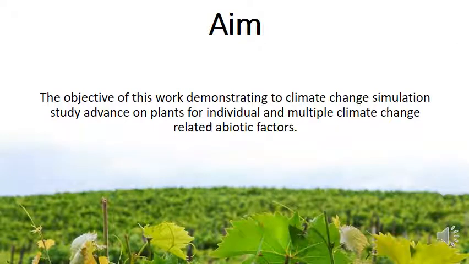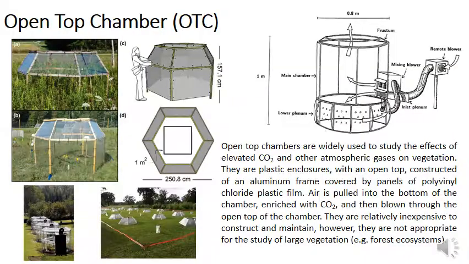The objective of this work is to demonstrate climate change simulation studies advancing research on plants for individual and multiple climate change related abiotic factors. Open-top chambers, or we can call them OTC, are widely used to study the effects of elevated CO2 and other atmospheric gases on vegetation.